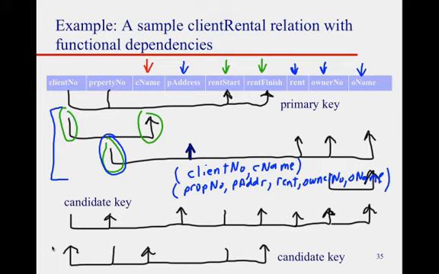So when we're done, the original relation is still going to contain client number and property number.